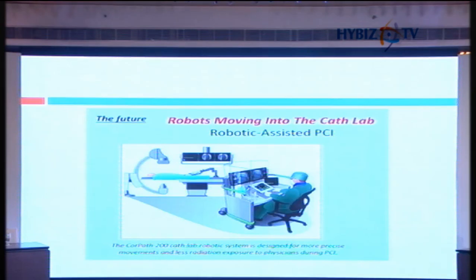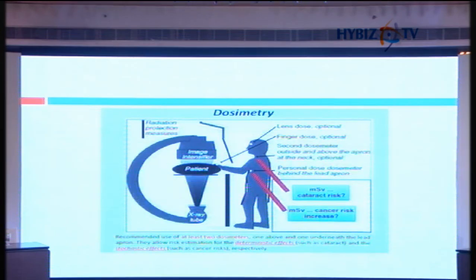And the future is robot cath labs, but presently for most complex cases, it's still used only for simple cases and simple lesions. We should wear badges, and ideally we wear 2 badges. One is behind the apron at the waist level, and one more is at the collar, to measure the radiation exposure to the eyes.